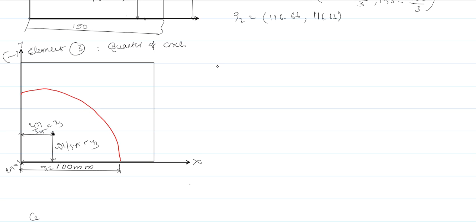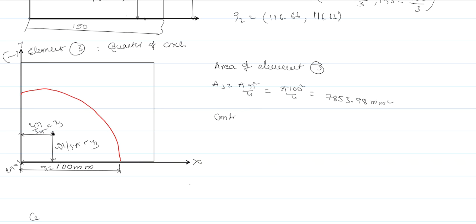Right? So first of all, the area of element 3. So that is A3 is equal to pi r square by 4, where r is equal to 100 mm. So pi 100 square by 4, if you calculate, you will get 7853.98 mm square.